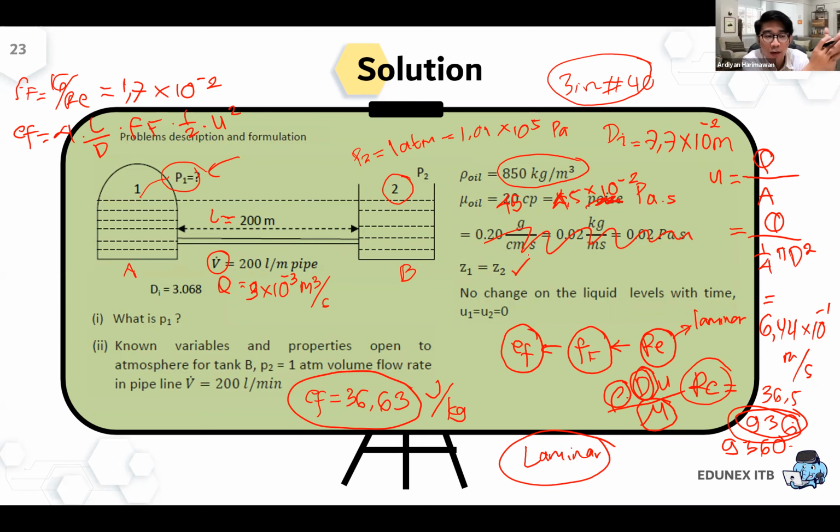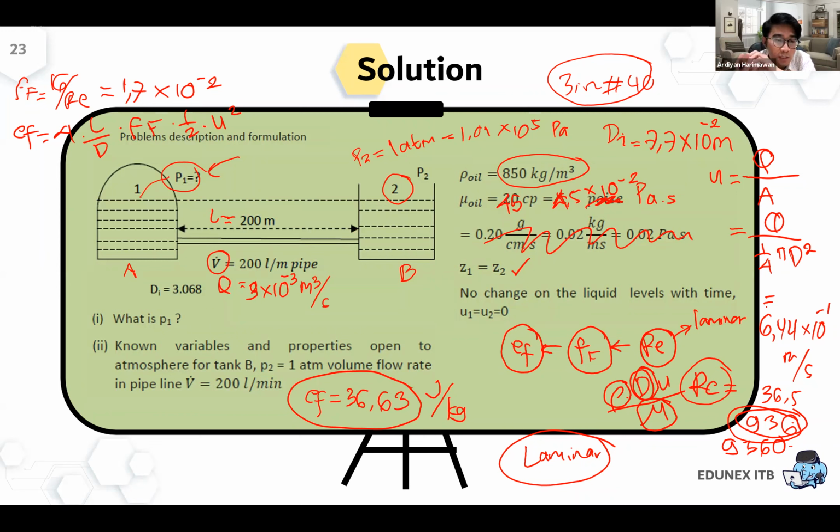First you have oil from the first tank, A, and then this oil will flow to the second tank, B, through the straight pipeline. During the flow in the straight pipeline, the oil is moving with the velocity that you have calculated, 6.44 something.